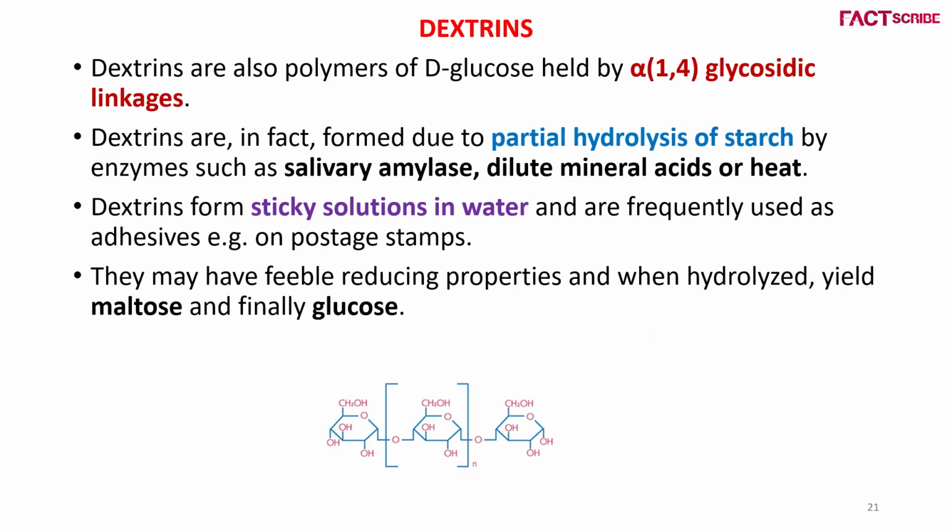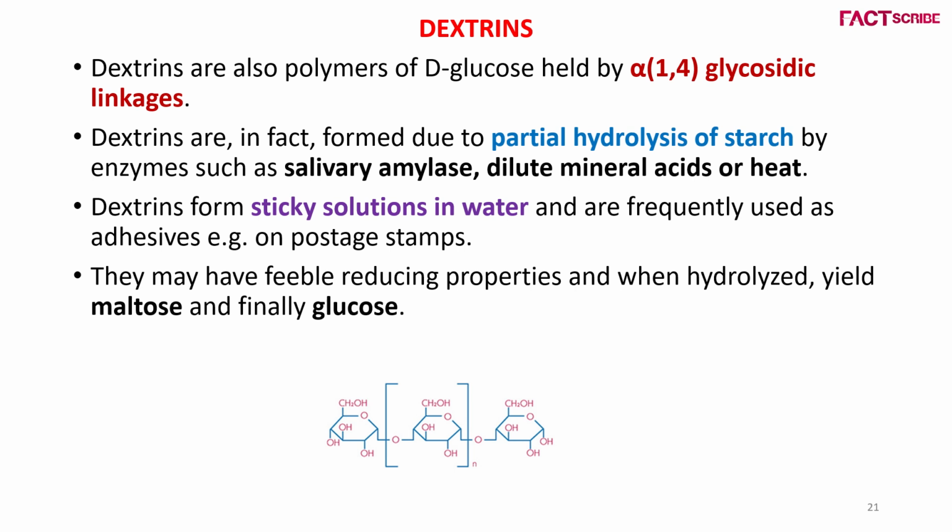Next one is dextrin. They are polymers of D-glucose held together by alpha 1,4-glycosidic linkage. Just note that dextrins are formed due to partial hydrolysis of starch by enzymes like salivary amylase, dilute mineral acids or heat. They form a sticky solution in water, which is frequently used as an adhesive, for example on postage stamps.